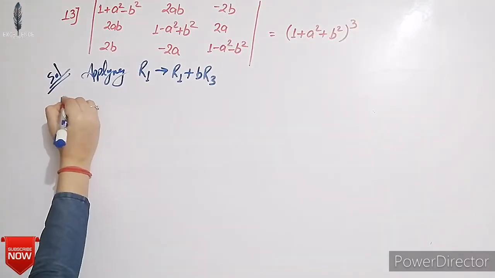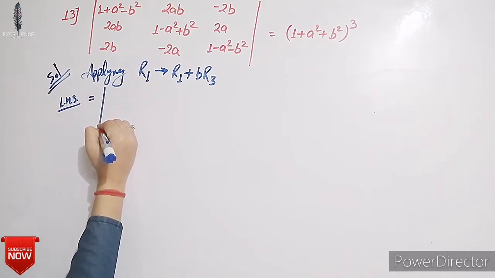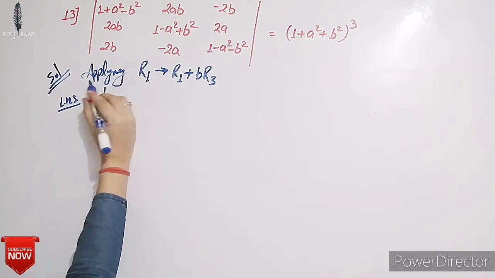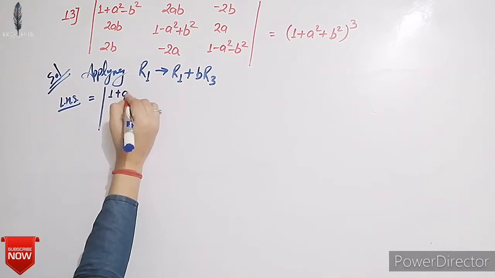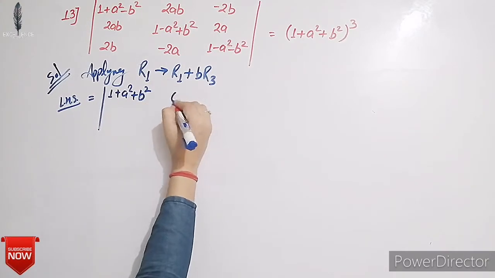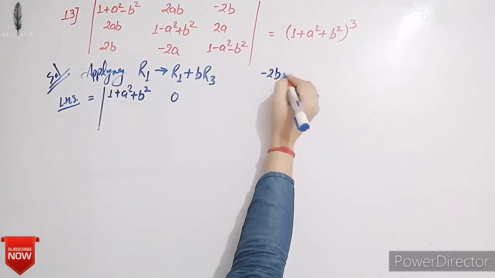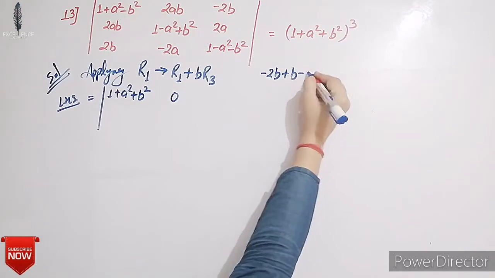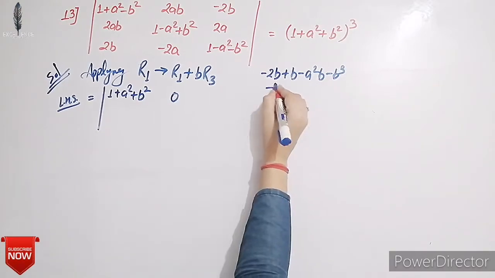Then we have LHS becomes here 1 plus a square plus b square on applying this change. And here 2ab minus 2ab 0, and here minus 2b plus b minus a square b minus b cube.